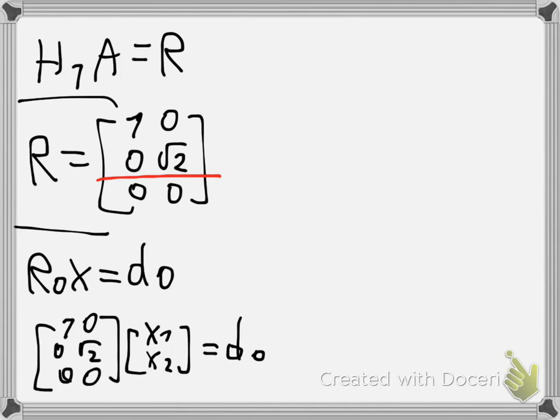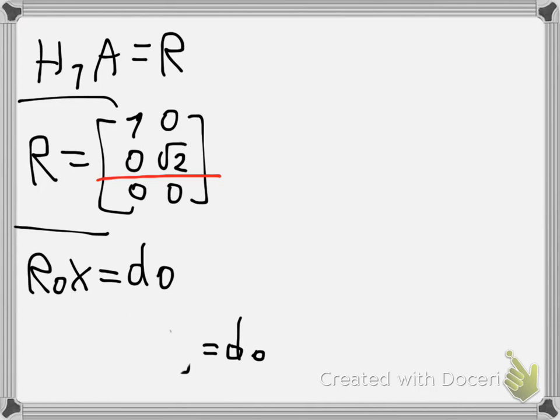But our goal is to find x1 and x2. But the third equation doesn't really help us. We will get 0 times x1 plus 0 times x2 is equal to the third row of d0. But that doesn't really help us to find x1 and x2. That's because of that we cut the rows with the zeros. So you see what I mean? It doesn't help us to find x1 and x2. Okay, so I cut the last row.